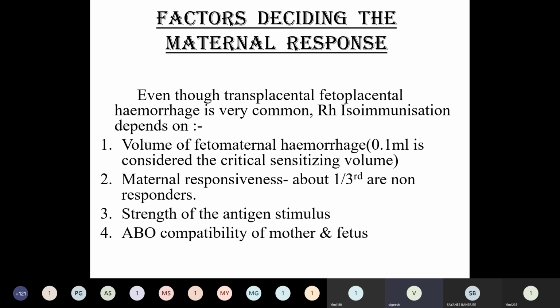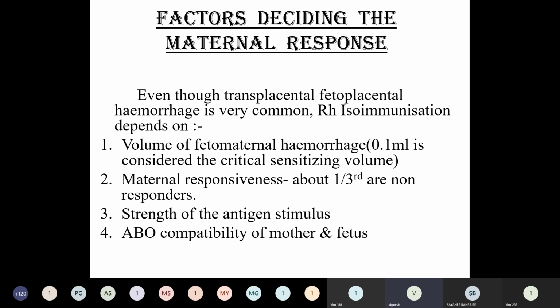Number 2 is the maternal responsiveness. Even though the feto-maternal hemorrhage has occurred, all mothers do not get affected. Only 1/3 are non-responders. And 3, this depends on the strength of the antigenic stimulus and also the ABO compatibility. The ABO compatibility usually protects against the RH isoimmunization.